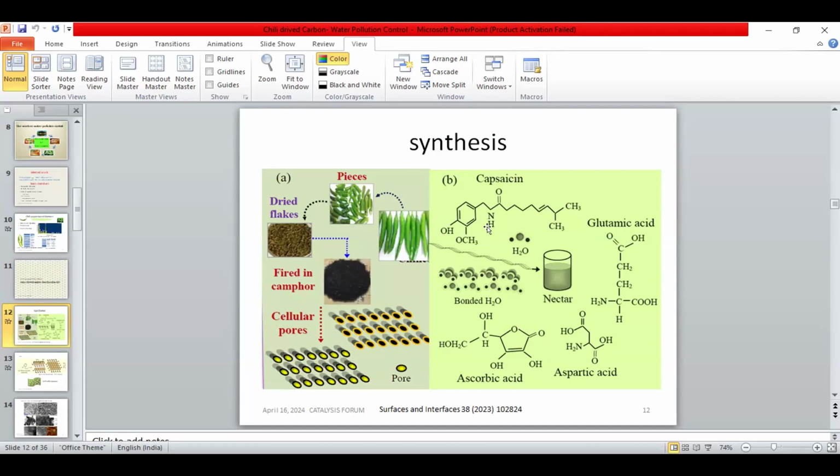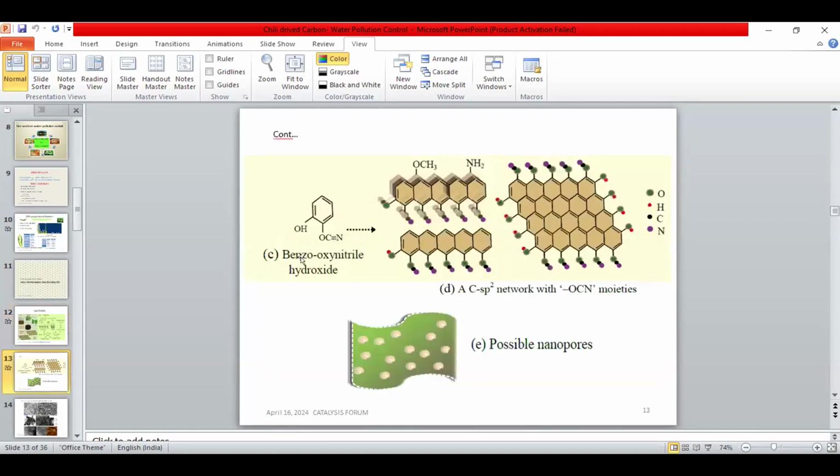If you see the chemical compounds present in fresh chili, it consists of capsaicin, which is the pungent agent and a major part of chili pepper, and also glutamic acid, ascorbic acid, and aspartic acid. It is noteworthy that all these compounds contain nitrogen.